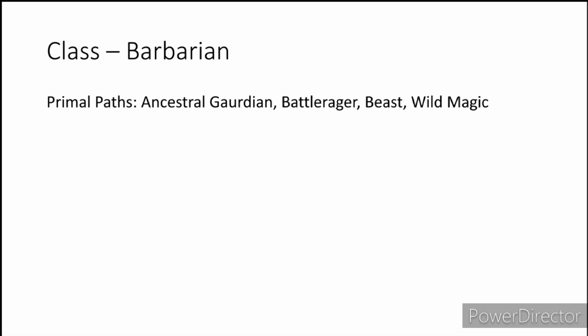Very strange. Anyway, I wanted to go with Beast Barbarian simply for the fact that they are animalistic in nature already. So having abilities that dove more into that animalistic nature sort of made sense.